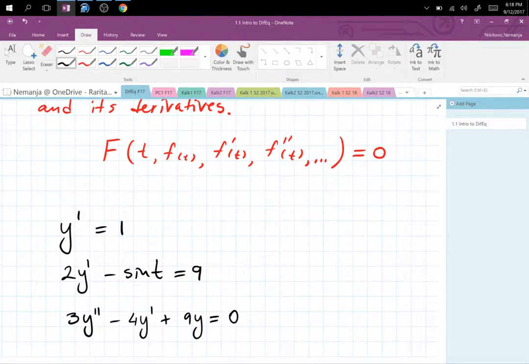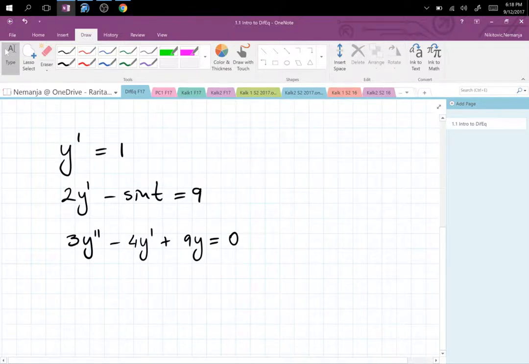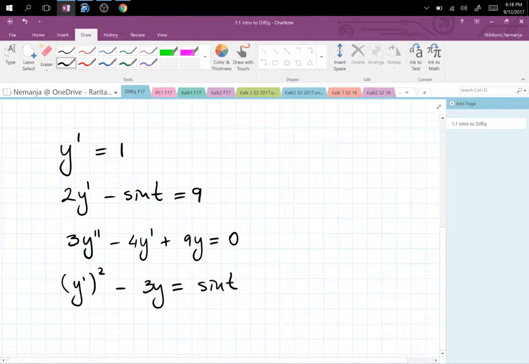All of these equations that you see as examples here are linear equations because I have done nothing to y and y primes. But I could have y prime squared minus 3y equals sine t.